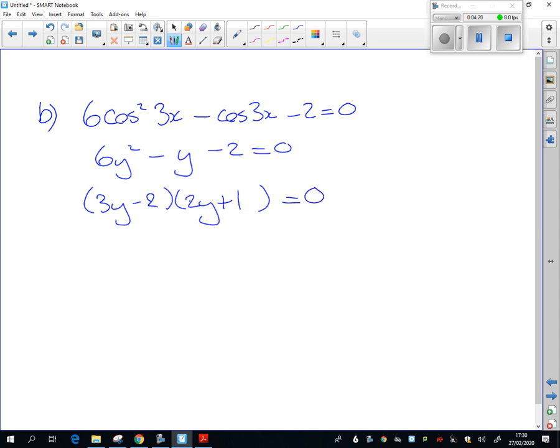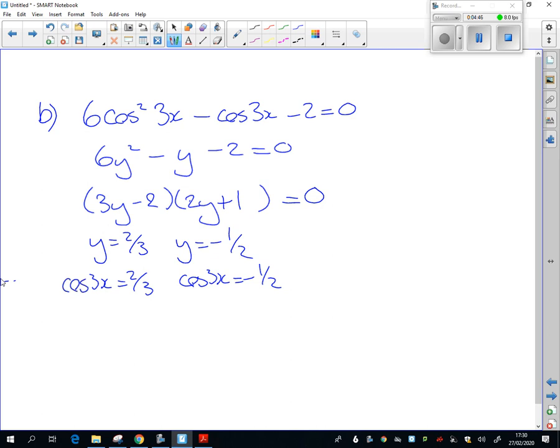Okay, so y equals 2/3, or y equals minus a half, and then of course it wasn't y, it was cos of 3x. Okay, so then I'm going to inverse cos each of those.